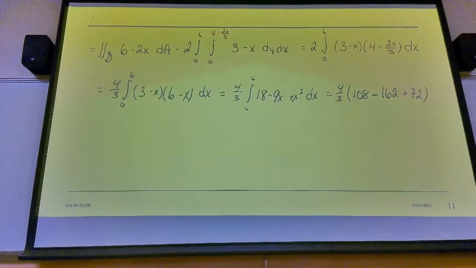Another way you could have done it, 6 cubed is 3 cubed times 2 cubed. Over 3, you get 3 squared times 2 cubed. 9 times 8, 72. What's that sum? 18 divided by 3 is 6 times 4. There's our flux. 24.